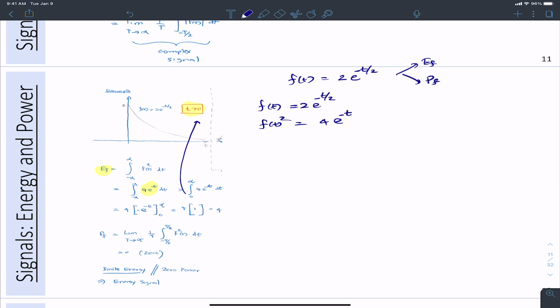You take 4 outside, and then the integration of e to the minus t is minus e to the minus t, and then we apply the limit from 0 to infinity. When you apply the limit, e to the power minus infinity is 0, and e to the power 0 is 1, so that's going to be just 1, so it is 4. So the energy of this signal is 4.